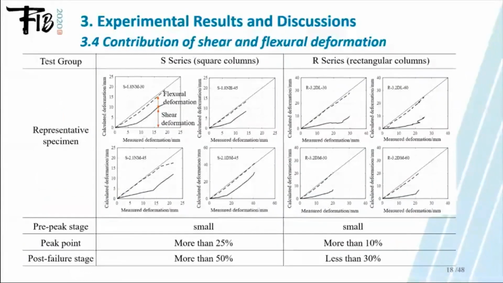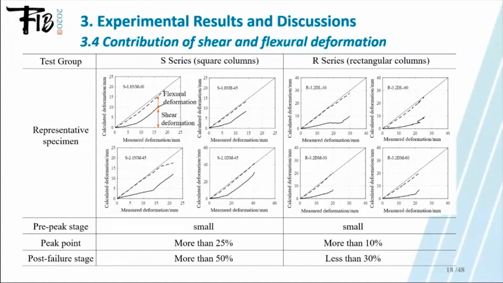This table shows the flexure and shear deformation. We could find that shear deformation should not be ignored, as it is the most dominant component of the lateral deformation for both shear-critical and flexural shear-critical RC columns under multi-directional lateral loadings.